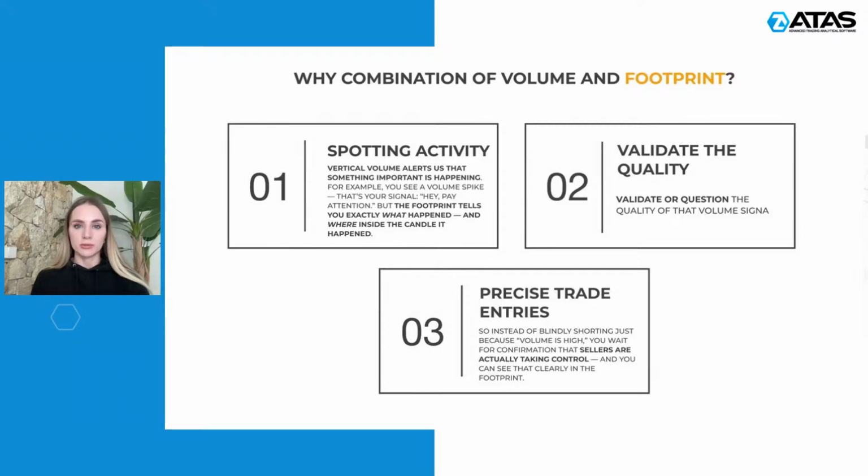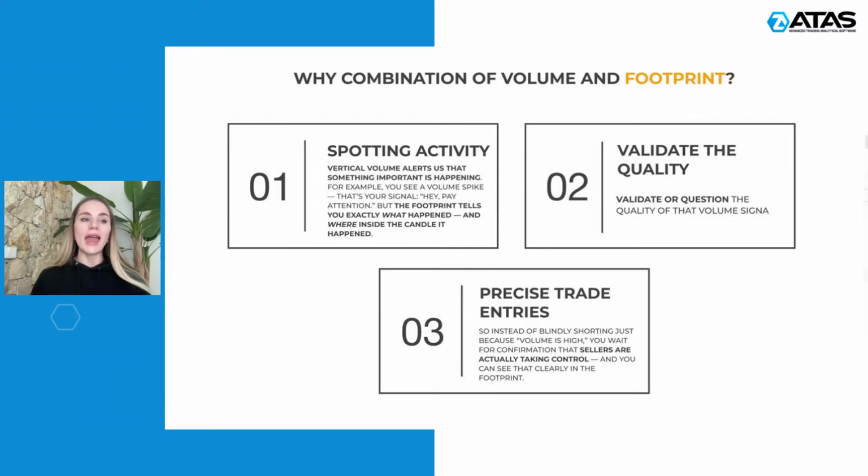So if we see that delta is 0 but the volume is high, we may consider staying away from the market. Now, in another scenario, for contrast, you see a high volume candle happening and you open the footprint chart and see one of the sides dominating, for example 80% of the volume comes from aggressive market buys and the delta is strongly positive. You have a clear picture now: buyers are winning this battle and the volume spike carries more weight.